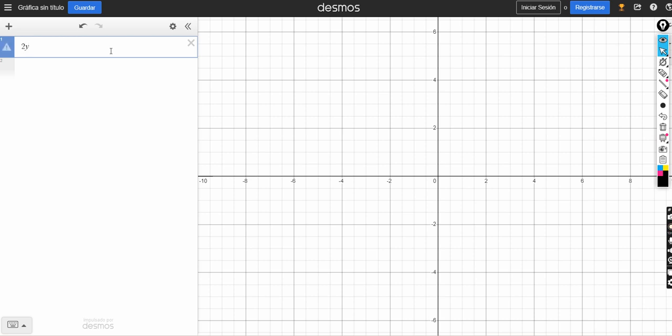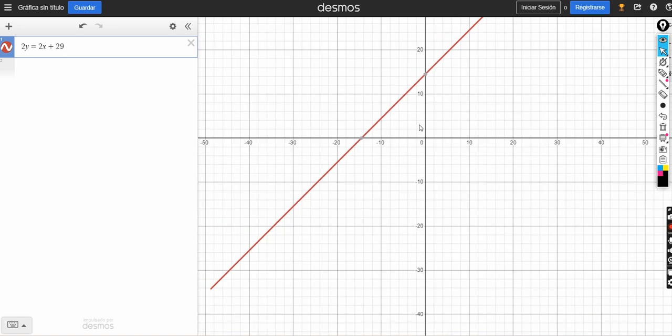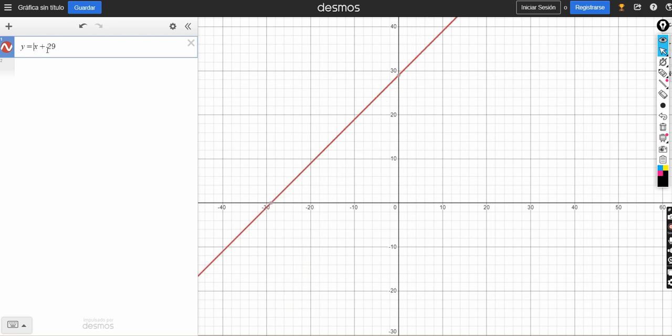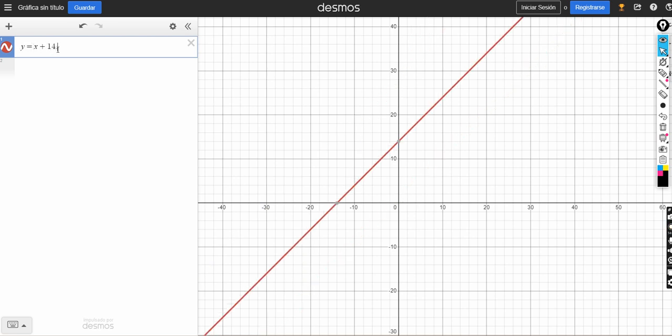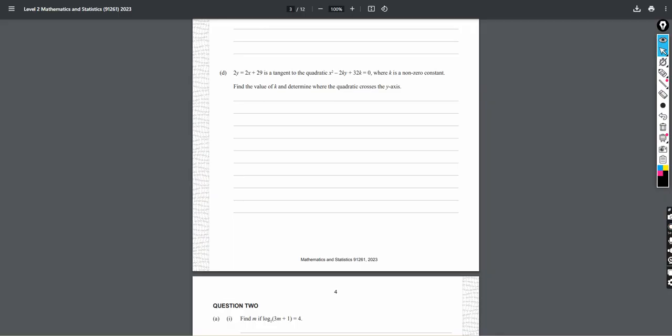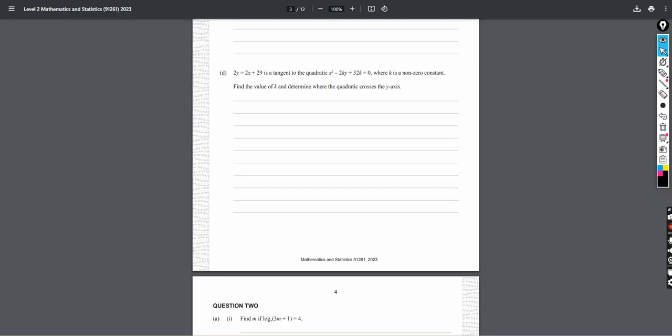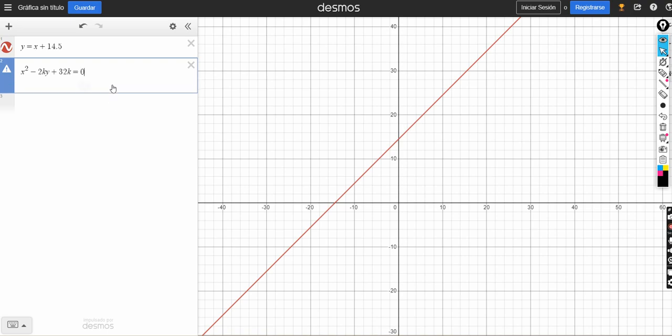So 2y is equal to 2x plus 29, which is the same as saying y equals x plus 14.5, and then we have x squared minus 2ky plus 32k equals 0.